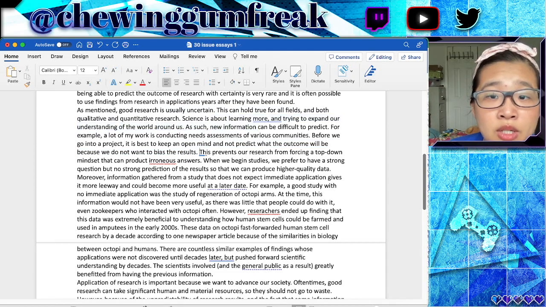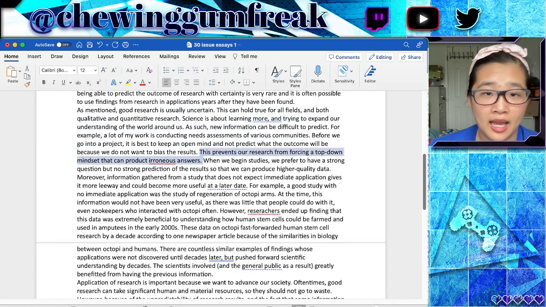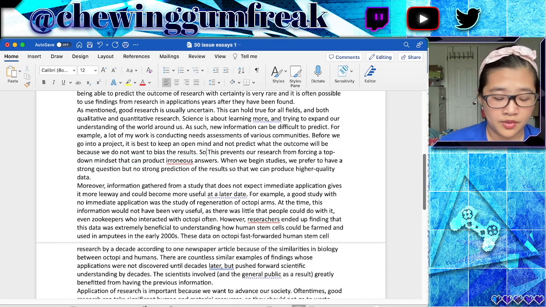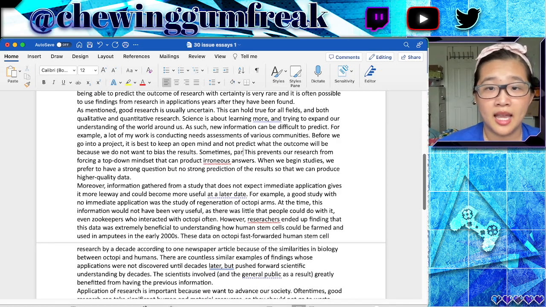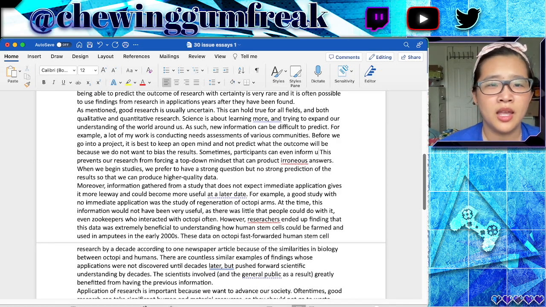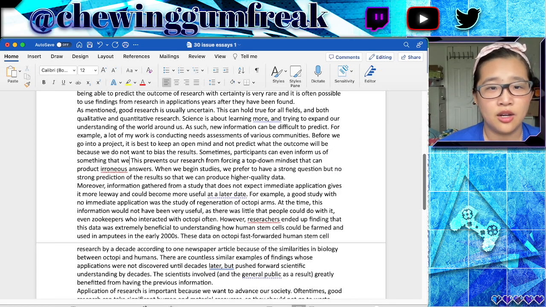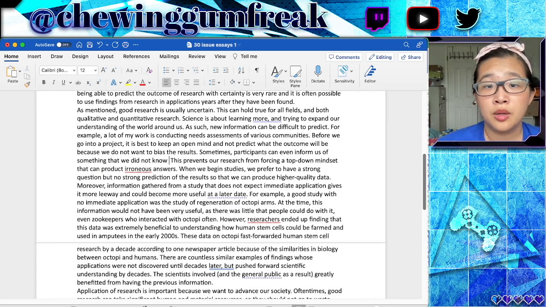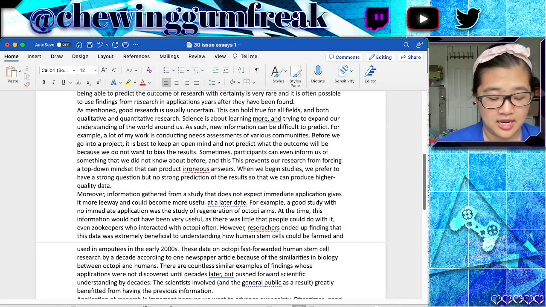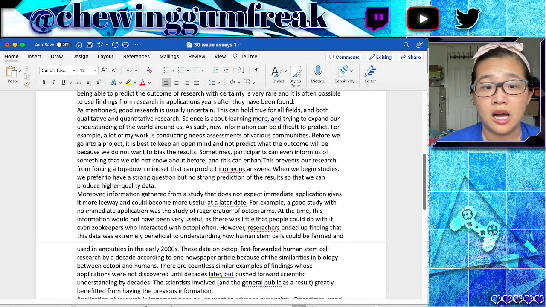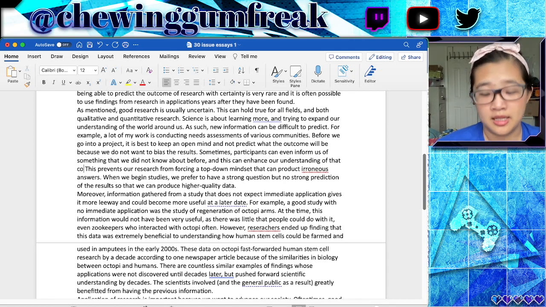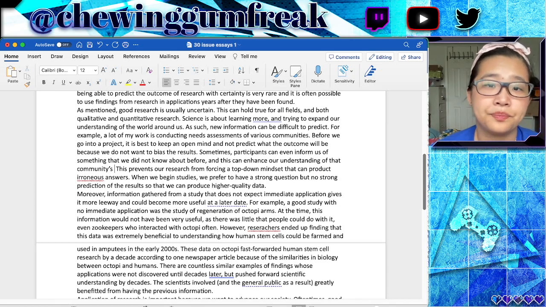This prevents our research from forcing, I would say, something like sometimes participants can even inform us of something that we did not know about before, and this can enhance our understanding of that community's needs.